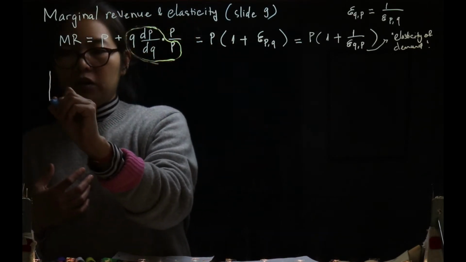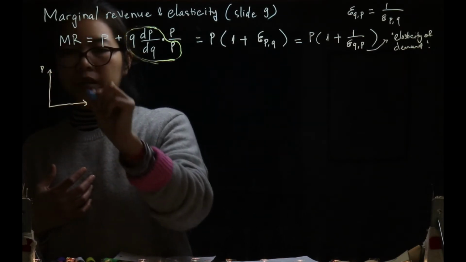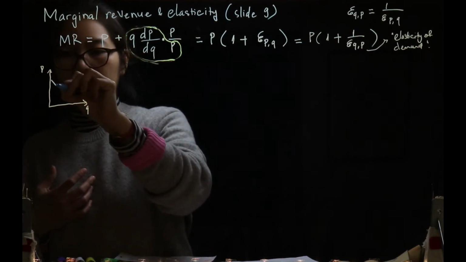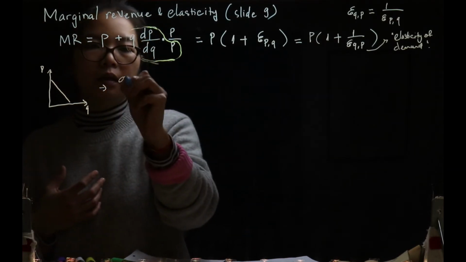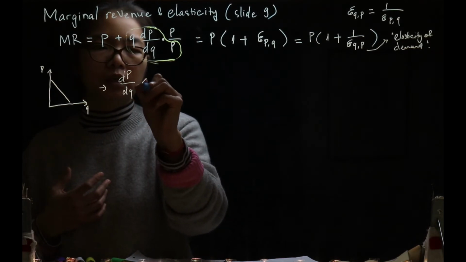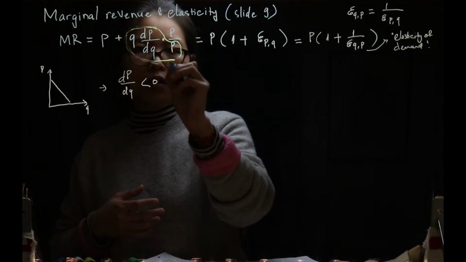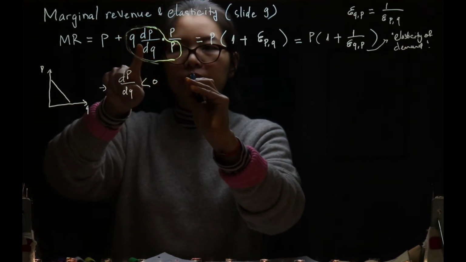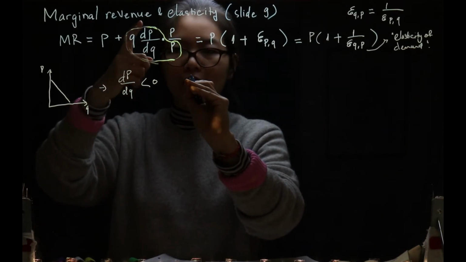Again, if the demand curve is downward sloping, it will be like this. Meaning dP over dQ is negative. And because dP over dQ is negative, the whole term here is negative, right?